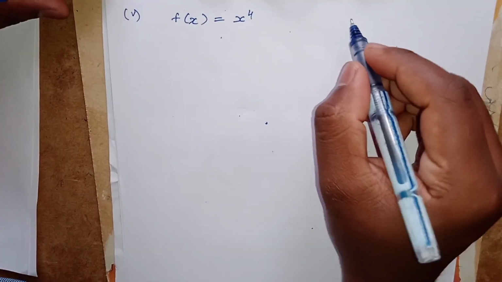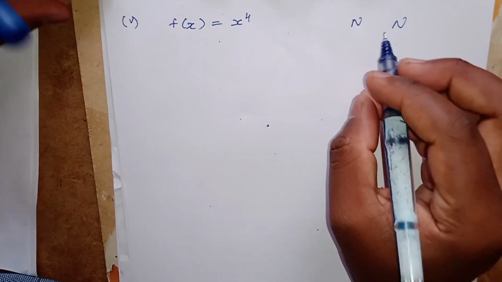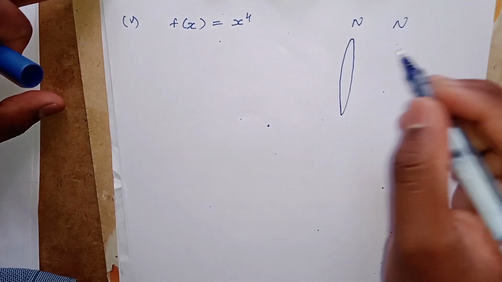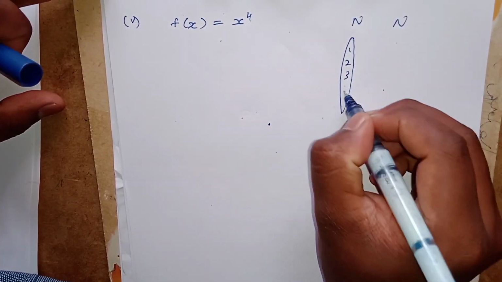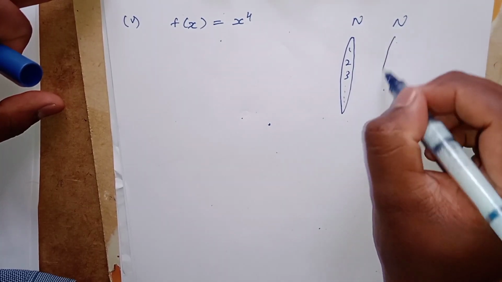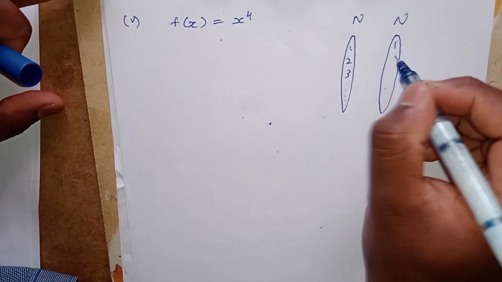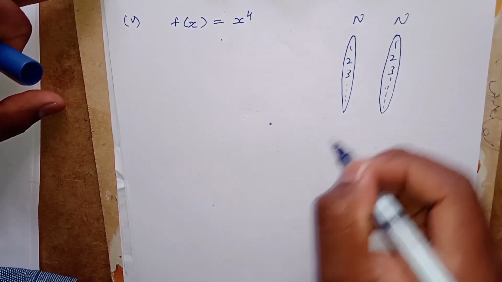Natural number to natural number, therefore the natural numbers start from 1, 2, 3 up to plus infinity. Same here, natural numbers start from 1, 2, 3 up to plus infinity.